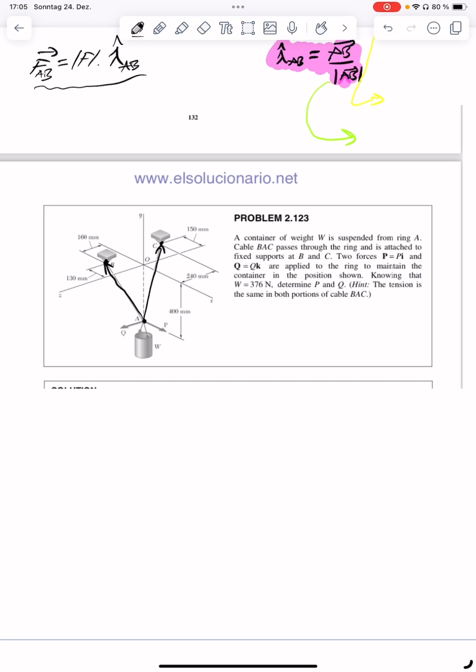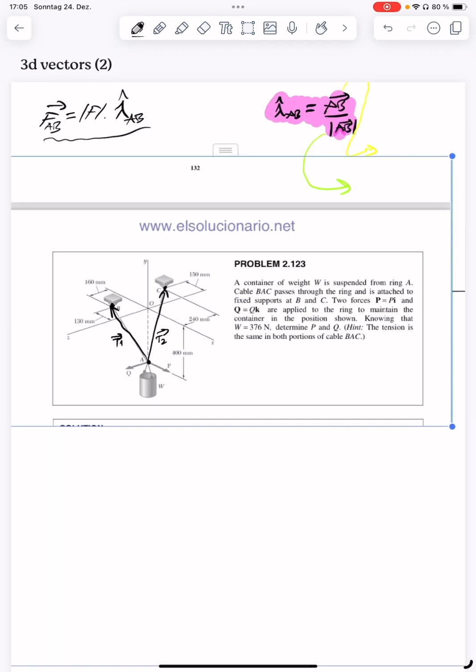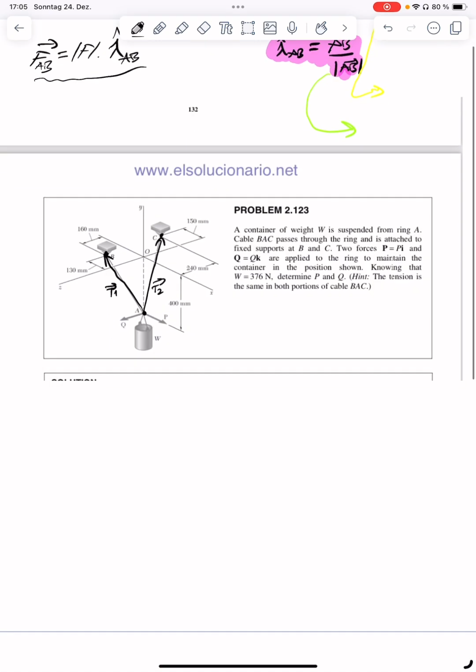First of all, we call the BA vector T1 and the other one T2. T1 is from A to B, so I can write T1 vector AB.